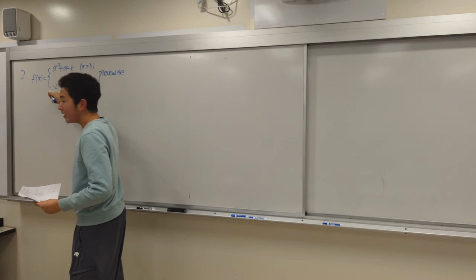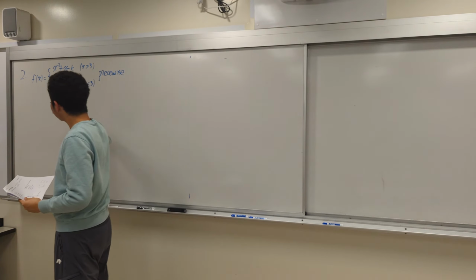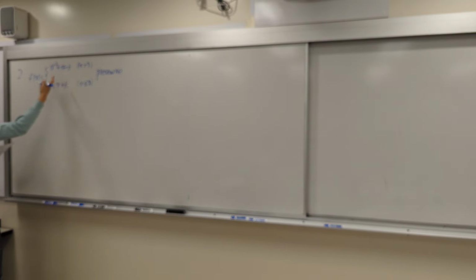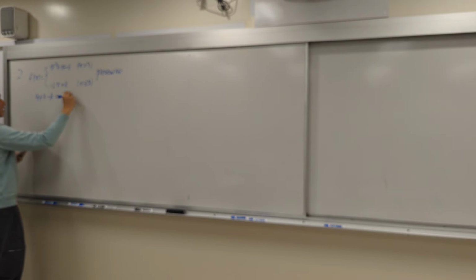We're going slightly larger than 3. The left-hand limit will be on the bottom function, right? So what we can do is we can plug in 3 into the top one, right? That means this function as x approaches 3, so that's 9 plus 3 minus k, yeah, equals, if you plug in 3 here, it's negative 6 plus k.